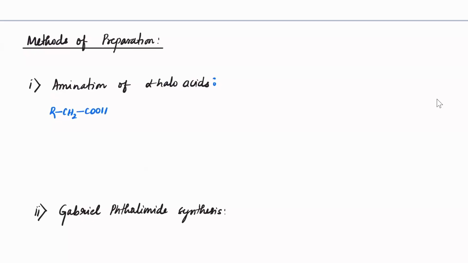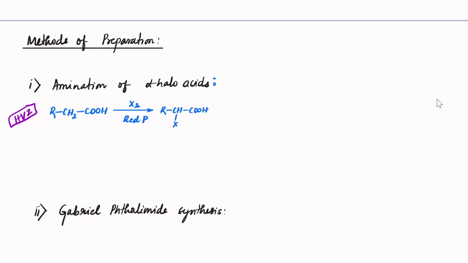If you have RCH2COOH treated with X2 in the presence of red phosphorus, you may remember we call this the HVZ reaction. We learned this in carboxylic acids.